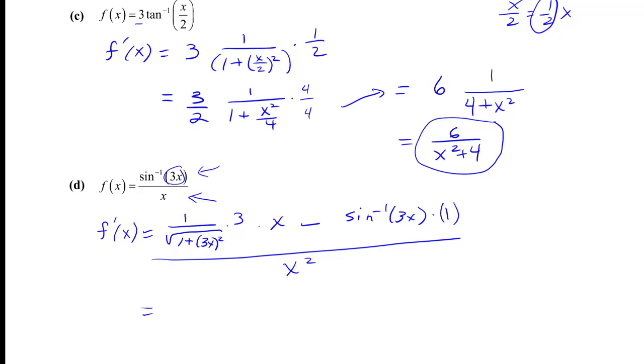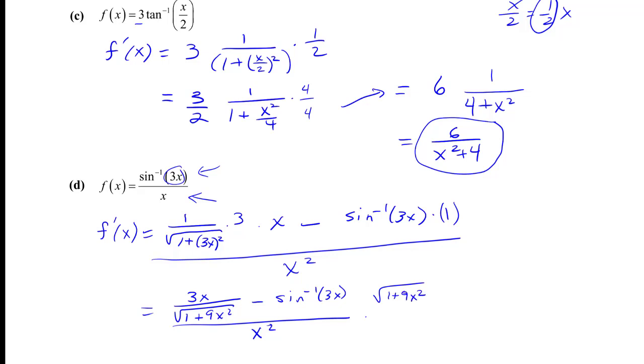Okay, so let's clean this up a little bit. We have 3x over the square root of 1 minus 9x squared, minus inverse sine 3x, all over x squared. And most likely what we would do here is multiply through by the square root of 1 minus 9x squared over itself to clear that denominator.